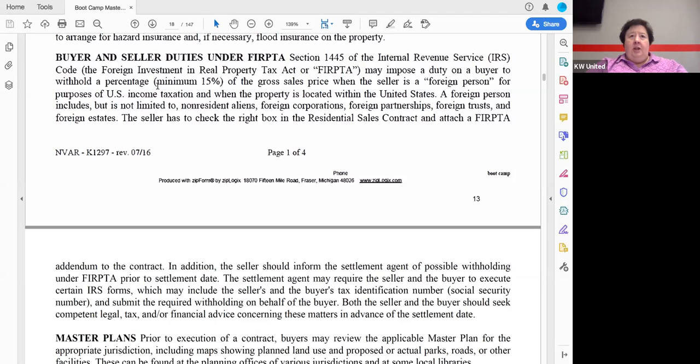Just basing it on your skin color and your speech pattern does not make you a foreign person, one way or the other. People are living here for many different reasons, especially in our area. We're a very diverse area. So you cannot base it on anyone's speech pattern, skin color, or ethnic background. You just have to ask the question: are you or are you not a foreign investor?